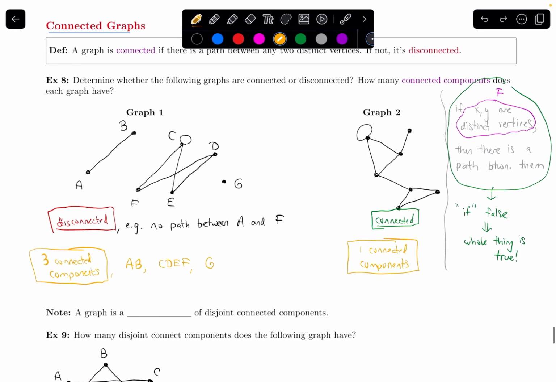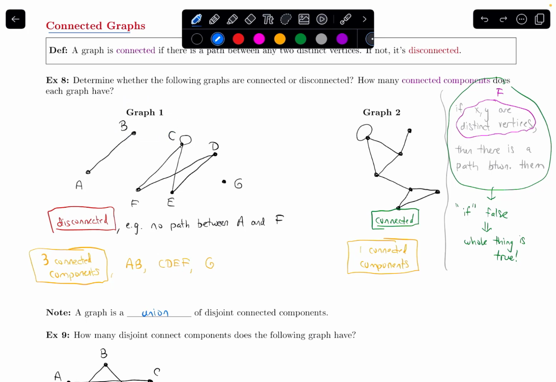I want to note that any graph is a union of disjoint connected components. For example, graph 1 is a union of the components AB, CDEF, and G. Those three things put together, if I union them, make up this graph 1.